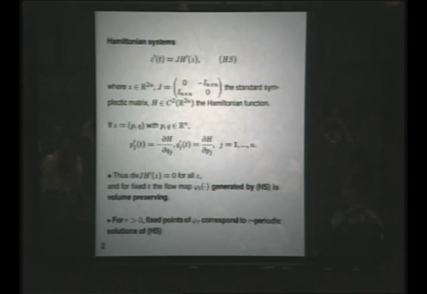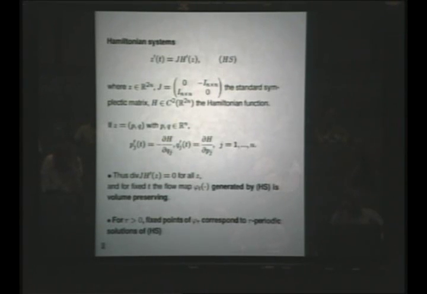They both become second-order partial derivatives, mixed in P and Q. But here there's a minus, so when you add them together, it's always 0. So the divergence of this vector field is always 0, and that means for any fixed t, the flow map generated by this system of differential equations is volume preserving. In particular, in two dimensions, they are area preserving.